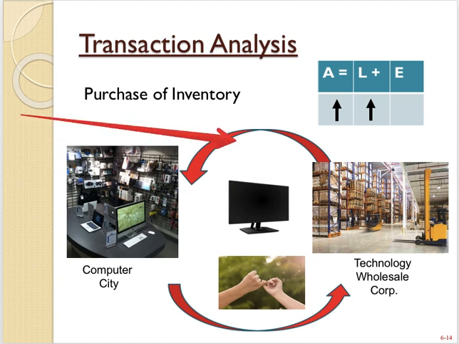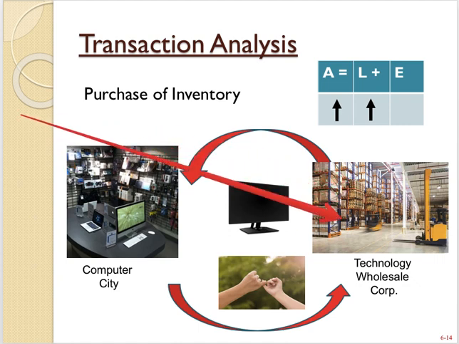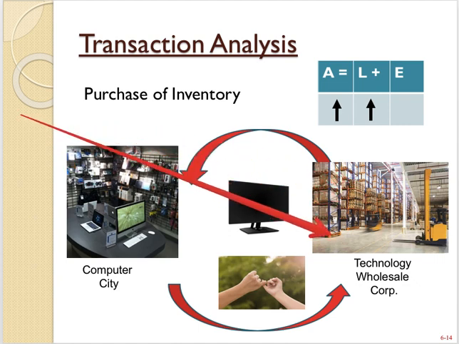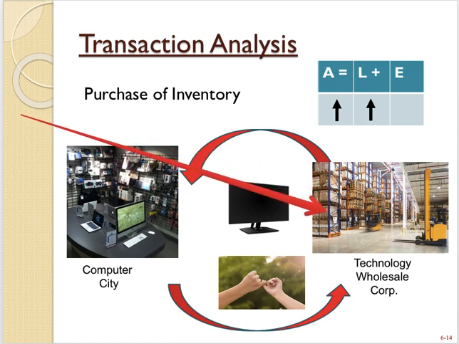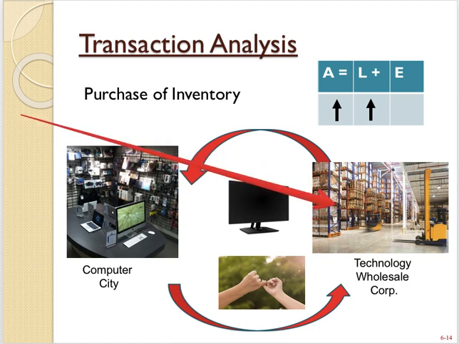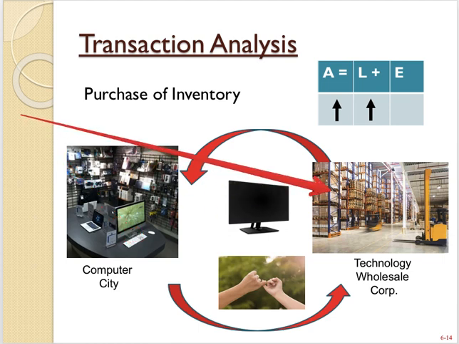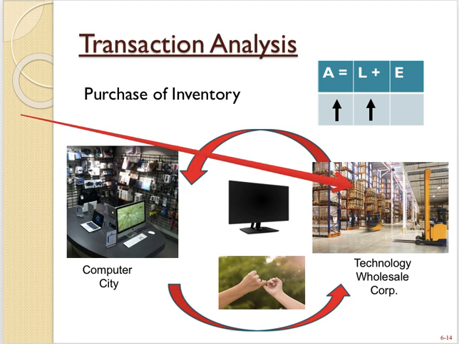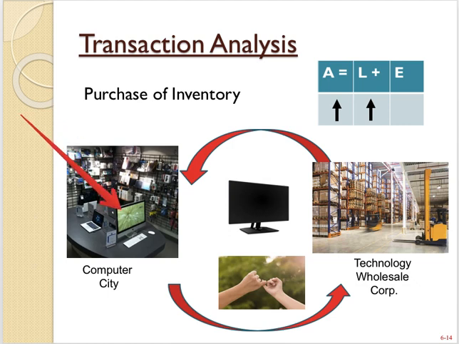We compare that to Technology Wholesale Corp, which looks like a wholesaler because they're more like a warehouse. You don't see cute displays; you just see these big boxes, because when Computer City goes to buy the stuff, they don't need a fancy display. They just need to buy the stuff. The fancy display where everything looks nice is going to be more like here at the retailer, Computer City. So this is us, Computer City.